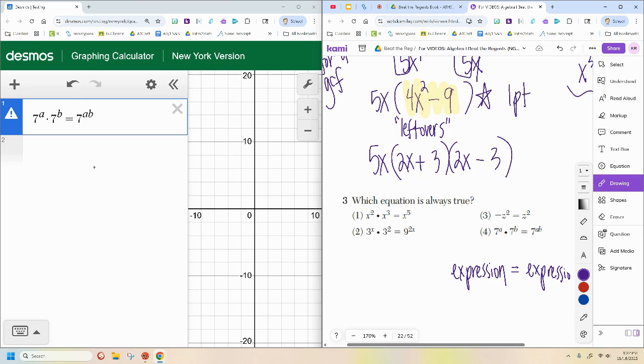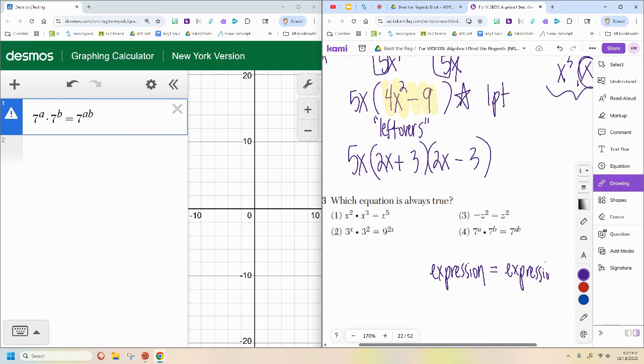Well, basically, we had that this was in line 1 of Desmos, and this was in line 2 of Desmos because this was the question and this was the answer. Well, we can do that here. If we put this in line 1 and this in line 2, we can figure out if they are equivalent.